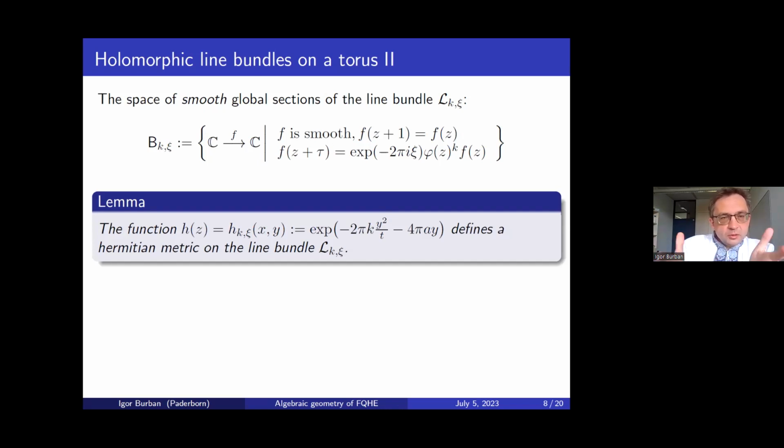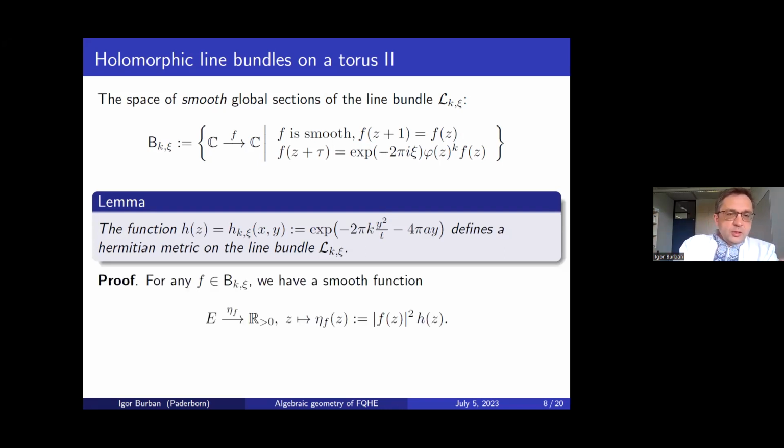What does it mean that the function h defines such a metric? Having any global smooth section f, I can consider the following function on E, which involves the chosen function h. The choice of h is special, guaranteeing that this function is indeed a function on a torus.